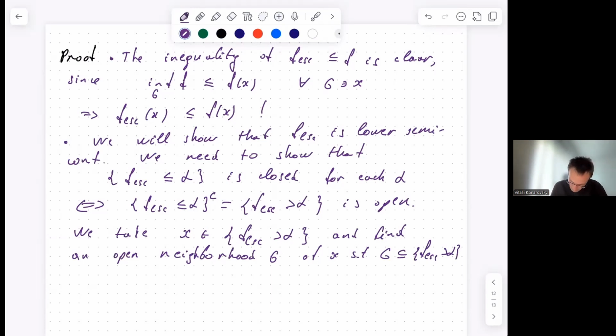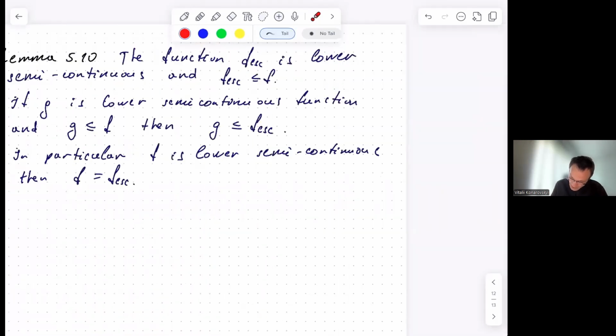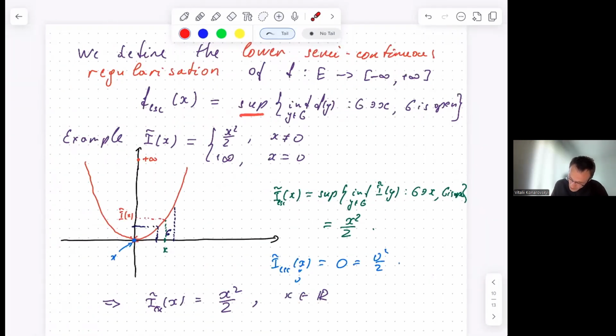We note that f lower semi-continuous of x is larger than alpha because x belongs to that set, and it means that x satisfies that property. But the value of that function is the supremum over the open neighborhoods G of x of such infimums.